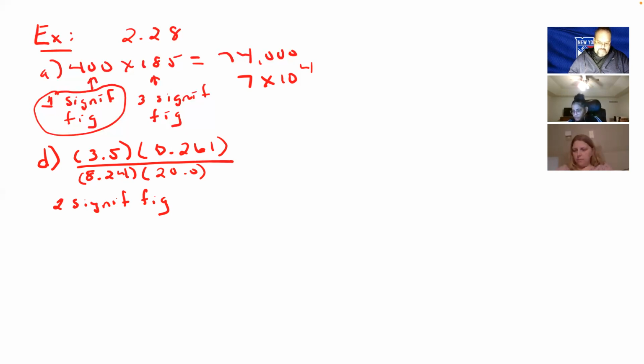Then I would divide that by parentheses 8.24 times 20, close the parentheses. So that gives me 164.8 for the denominator. And then I hit equals, and I come up with 0.004587. And I would stop at that point.